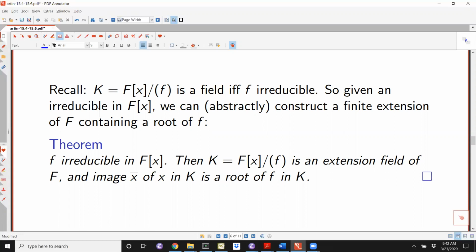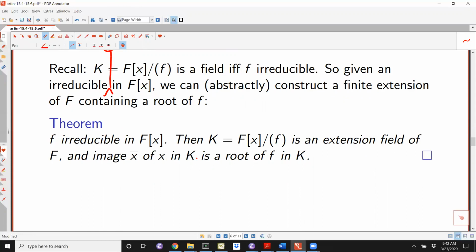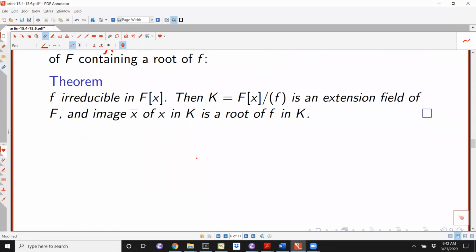Given an irreducible f in F[x], you can abstractly construct a finite extension of F containing a root of f. If f is irreducible in F[x], you mod out by f, and then you get a field extension.